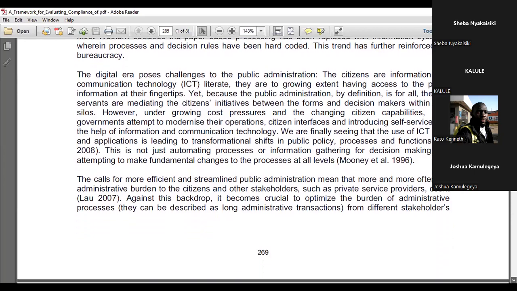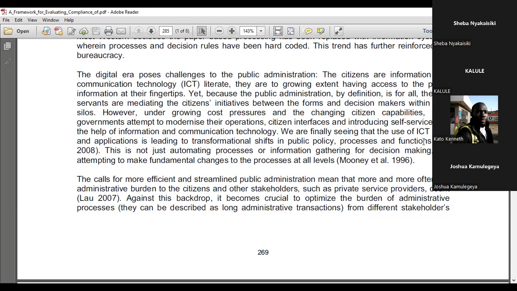Yet, because the public administration by definition is for all, the civil servants are mediating the citizens' initiatives between the forms and decision makers within their silos. However, under growing cost pressures and the changing citizen capabilities, most governments attempt to modernize their operations, citizen interfaces, and introducing self-service with the help of ICT.